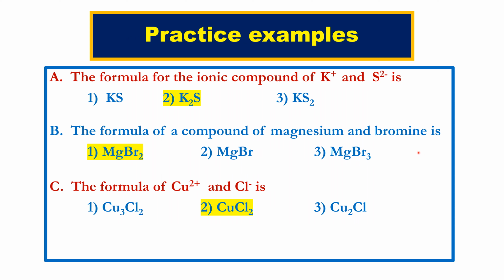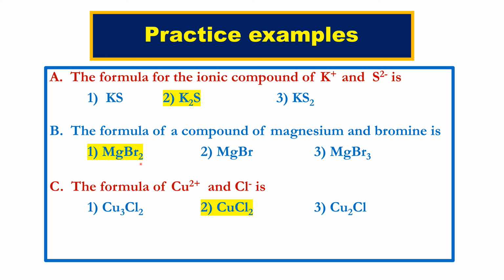Let's look at some practice examples. What is the formula for the ionic compound of K+ and S2-? The correct answer is K2S. S2-, and there is only 1 positive here, so it needs 2 positives to balance 2 negatives. That's why we have K2S. The formula of a compound of magnesium and bromine is MgBr2.